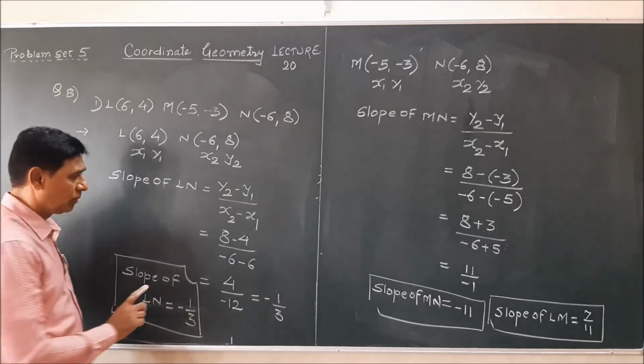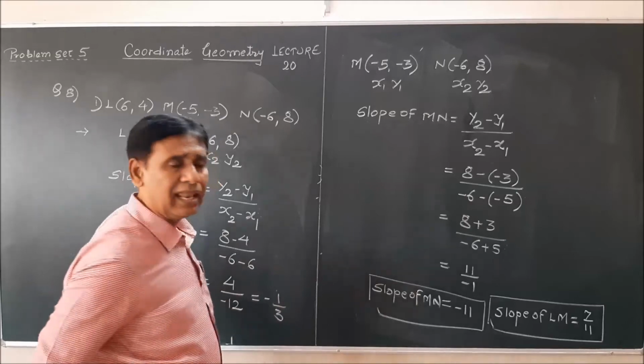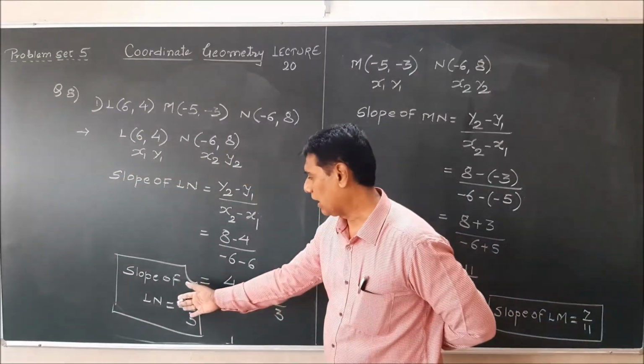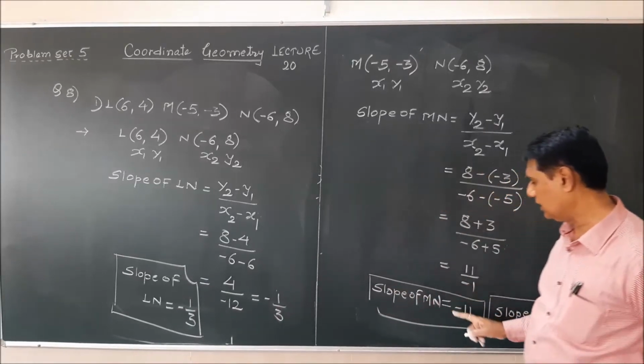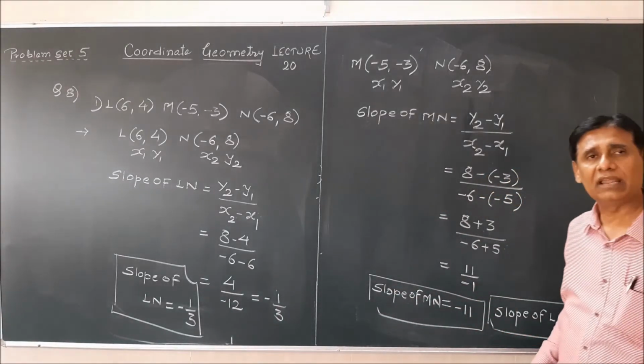Now, slope of LM is with you, slope of MN is with you, slope of LN is with you. What conclusion can you draw? Slope of LN is minus 1 upon 3, slope of MN is minus 11, slope of LM is 7 upon 11.